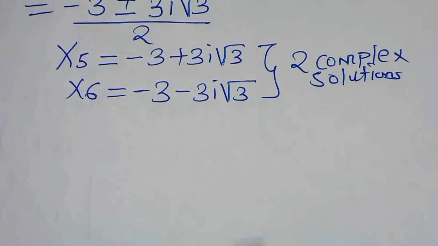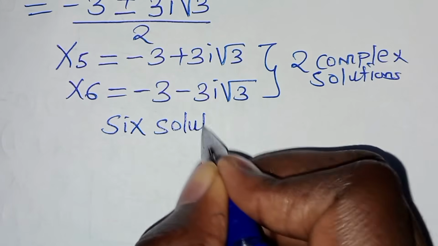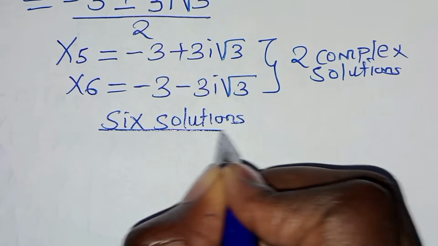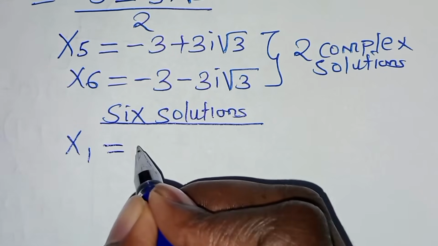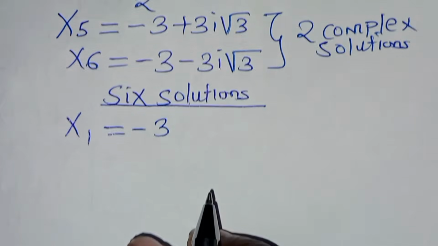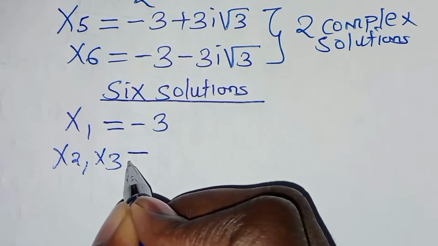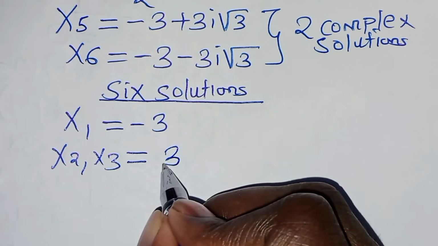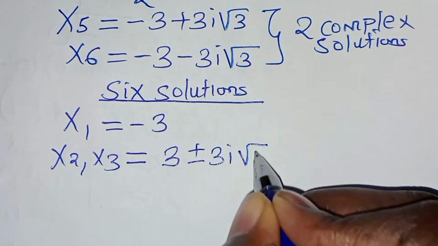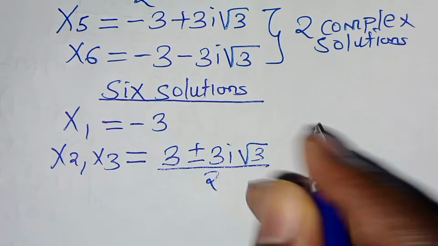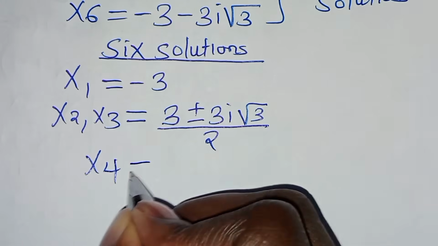So this implies that we have 6 solutions to this exponential equation. That is x1 is equal to minus 3. We have x2, x3, this is equal to 3 plus or minus 3i square root of 3 divided by 2. And then now we have x4, this is equal to 3.